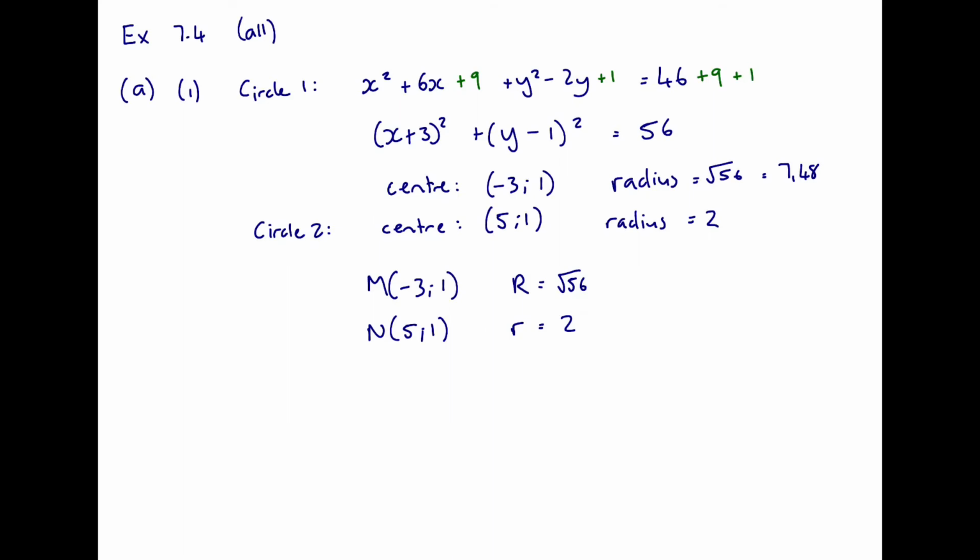The last thing we work out before we compare the radii is the distance MN. We need the distance from the center of the big circle to the center of the small circle, so we use the distance formula. The difference in the x values, -3 minus 5, all squared, plus the difference in the y values, 1 minus 1, all squared. -3 minus 5 is -8, and that squared is 64.